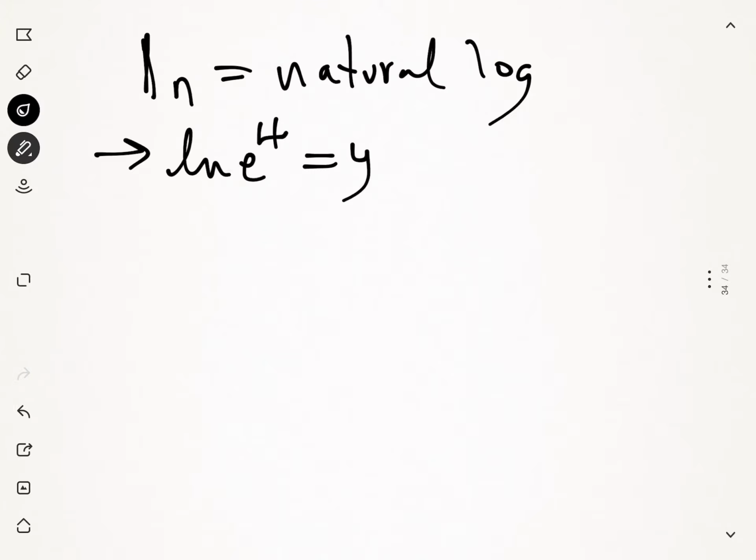Now here's something that you want to know. You want to do something called exponentiate both sides.